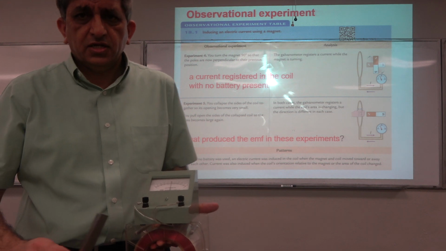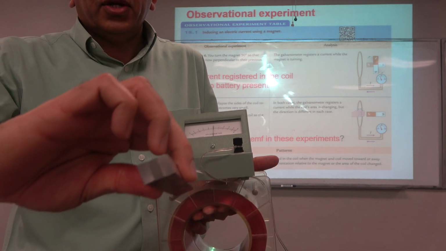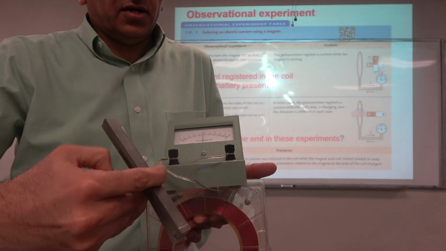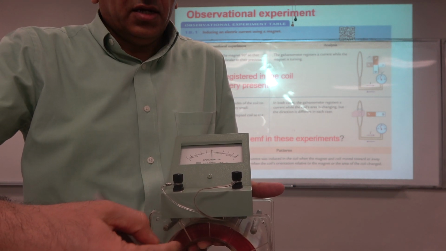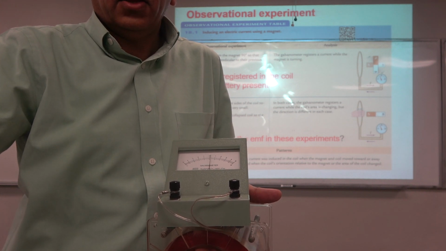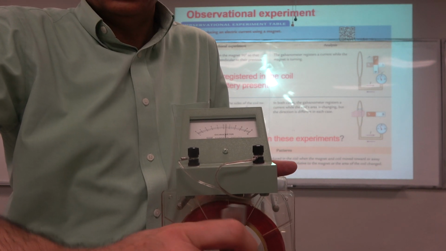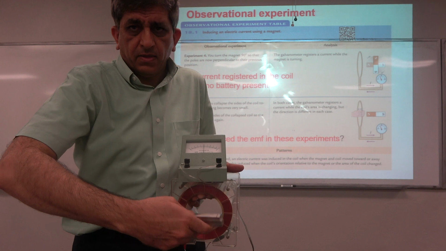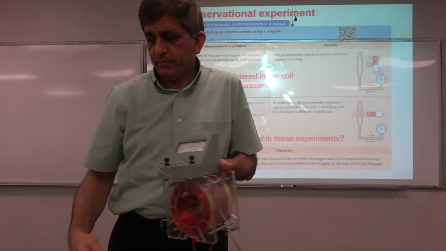So instead of doing this, I rotate the magnet, and you still see the current registered in the form of the deflection of the galvanometer's needle. Alrighty?